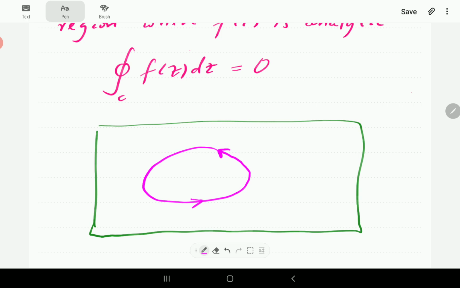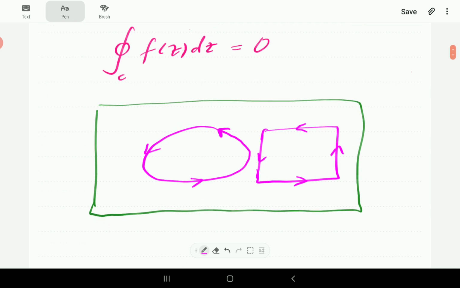So this could be our closed contour, or that could be our closed contour. Of course the closed contour could take any shape, so long as it is inside this region where f is analytic. Then the integral around that closed contour is going to be equal to 0.